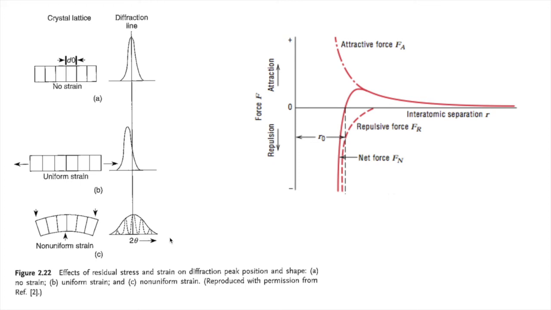So anytime you see non-uniform strain, that's going to look more like this than the case up here. That's because we have differing stress states, and they all result in little shifts in the peak, which results in one large peak that's still centered around the same position that we saw previously.